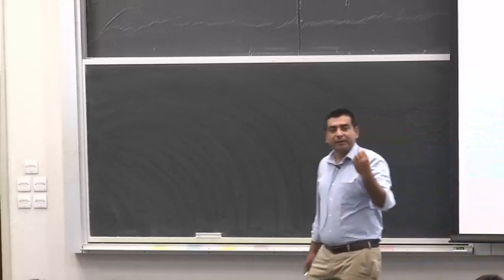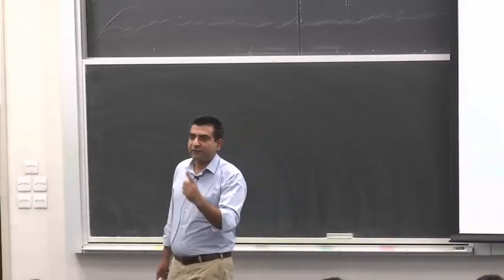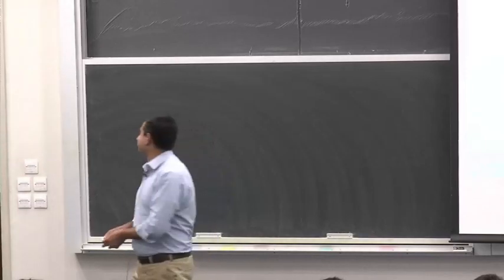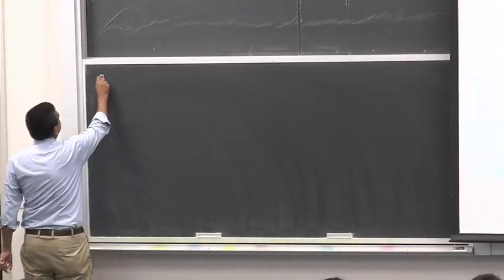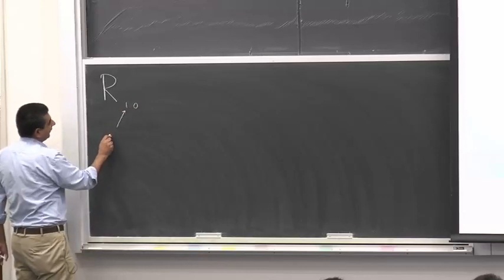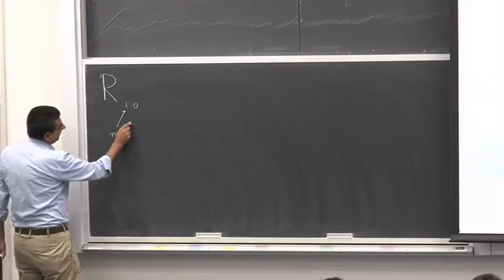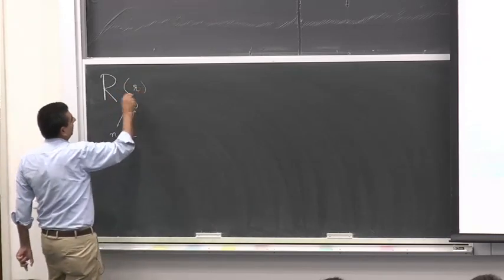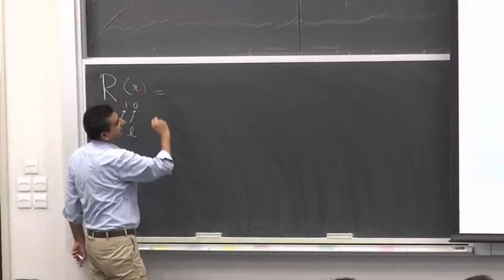This is the radial part of the wave function for n equals 1 and l equals 0. R 1,0. This is the value of the quantum number n. This is the value of the quantum number l. And it's a function of r. This is some constant.